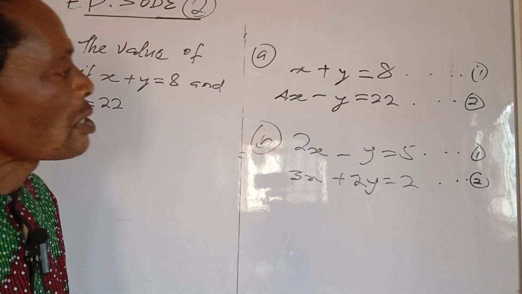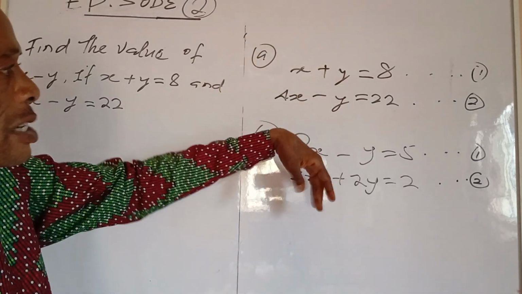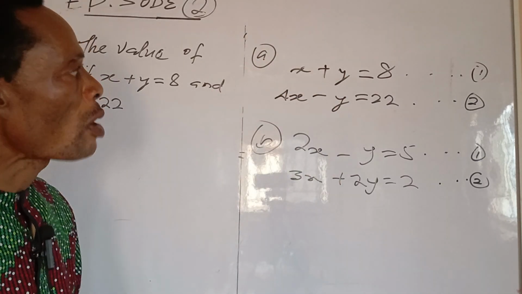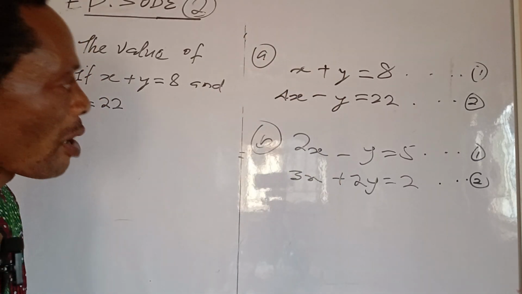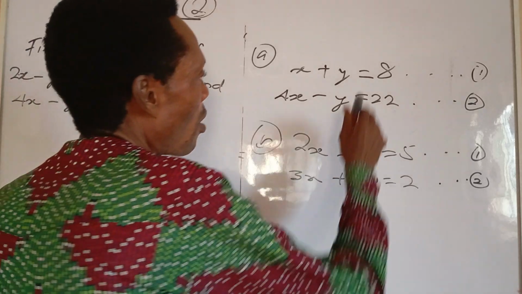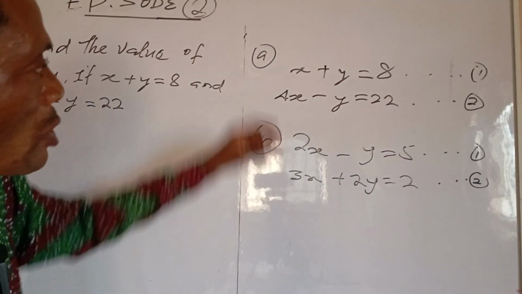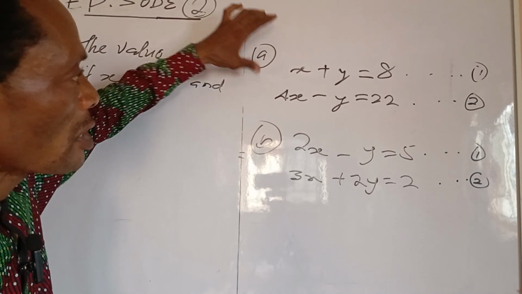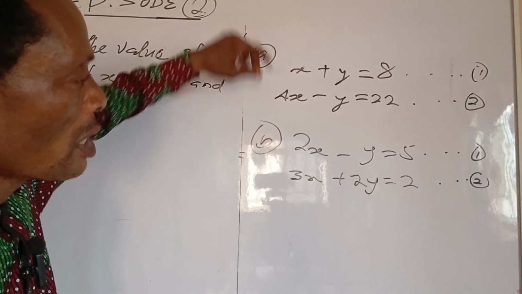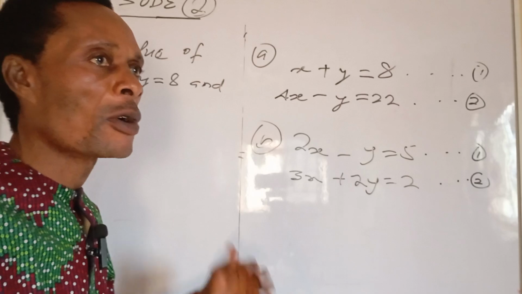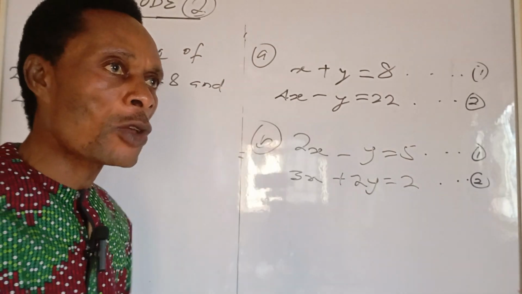So the first example is what we call a uniform coefficient problem. Why is it called uniform?